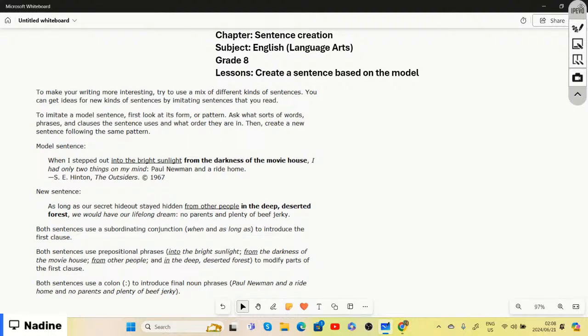And in order to imitate a model sentence, you need to first look at its form and its pattern, right? So either look at the form of the model sentence or look at the pattern.